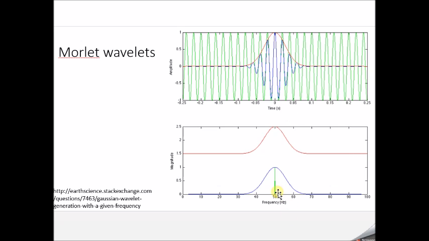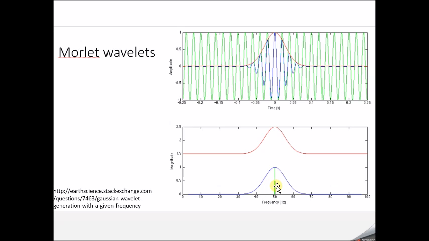So the green and red signals are being multiplied in the time domain. The green signal is shown here as just an impulse at 50 hertz because it's a pure sinusoid, whereas the Gaussian in the time domain is also a Gaussian in the frequency domain.